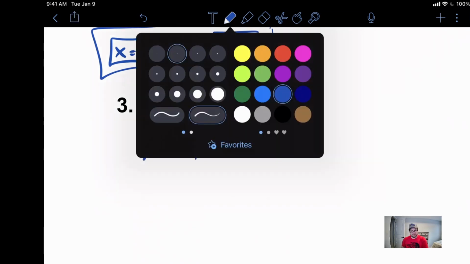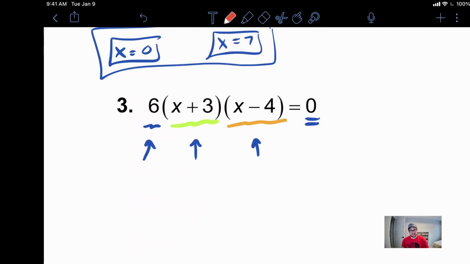One thing that's unique about this problem is that this one is just 6. There's no x attached to it, which means that number doesn't change. It's constant. 6 isn't equal to 0, so that won't ever be the one that equals 0. If that would have been a 6x, then we would have had to consider it, because the x would obviously change the 6.